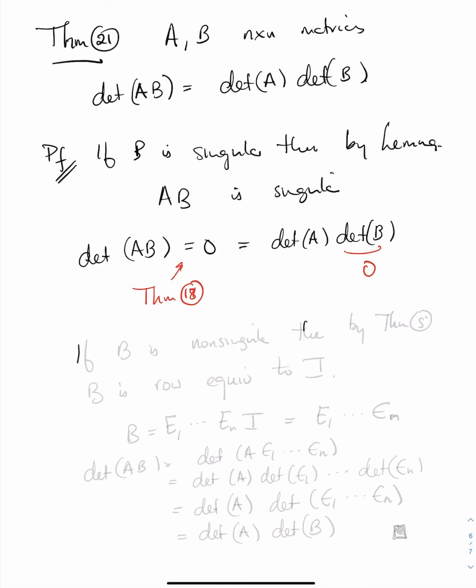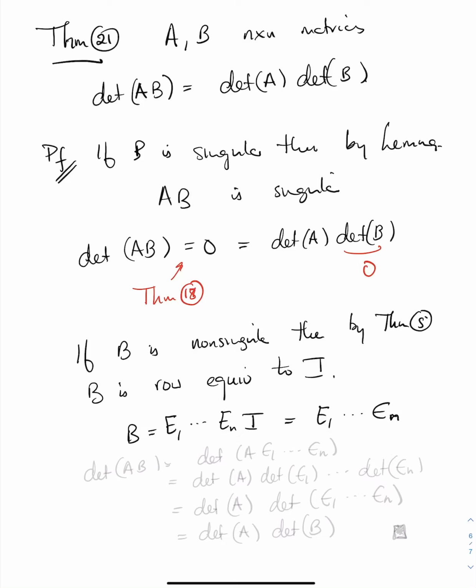Next case, if B is non-singular, then by Theorem 5, B is row equivalent to I, as in B is equal to I after some elementary matrices have multiplied on the left. Since I doesn't change a matrix via multiplication, B is this product of elementary matrices.